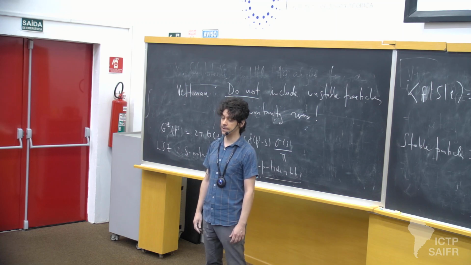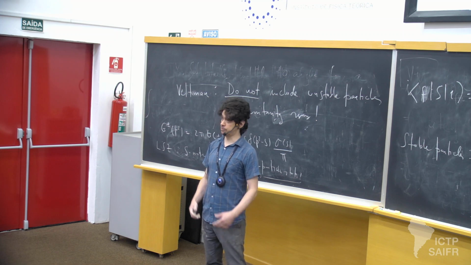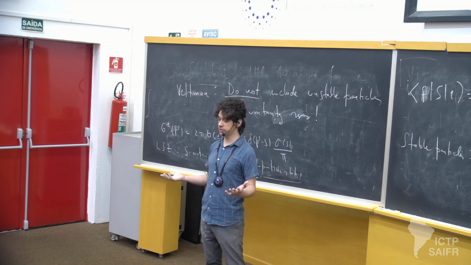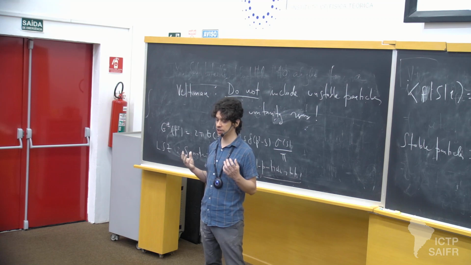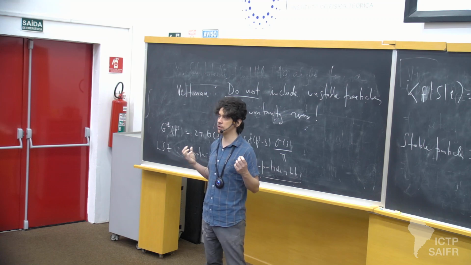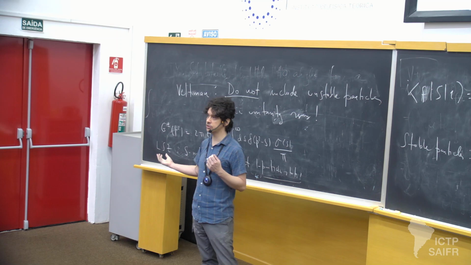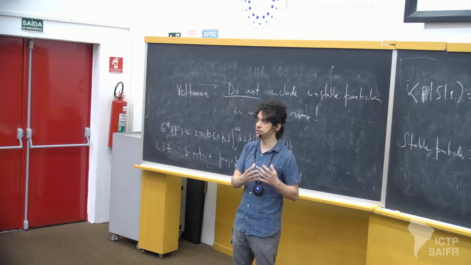So the discussion of unitarity is more subtle in this way, right? So that means that first you have to define what you mean by unitarity. Here, since we are in Minkowski space-time, there is a very well-defined notion of what a vacuum is. So you can define no interacting particles in the initial state and no interacting particles in the final state.